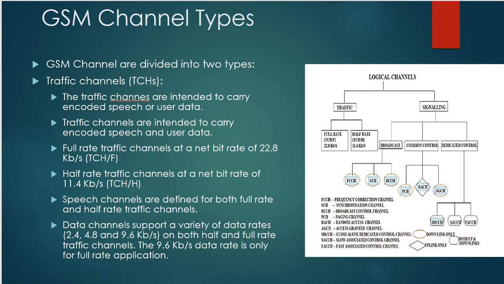Let's go to the GSM channel types. What are the channels in GSM? They are divided into two types: one is the traffic channel, TCH, and the other is the signaling channel.